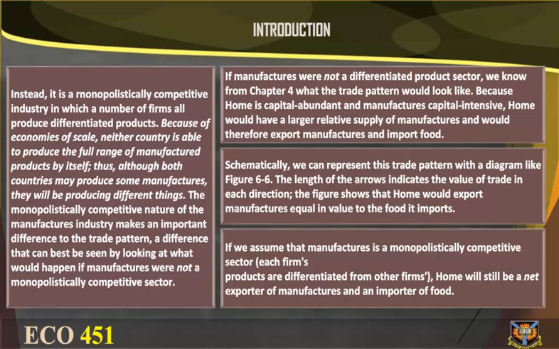The length of the arrows indicates the value of trade in each direction. The figure shows that home would export manufactures equal in value to the food it imports. If you assume that manufactures is a monopolistically competitive sector, where each firm's products are differentiated from other firms', home will still be a net exporter of manufactures and an importer of food.